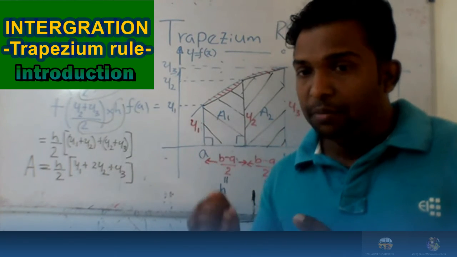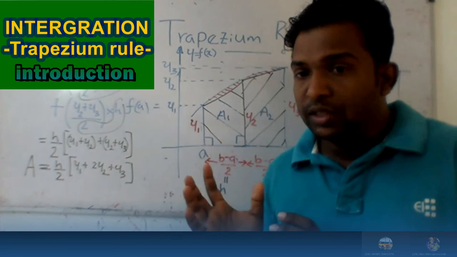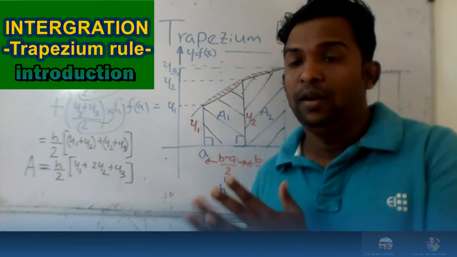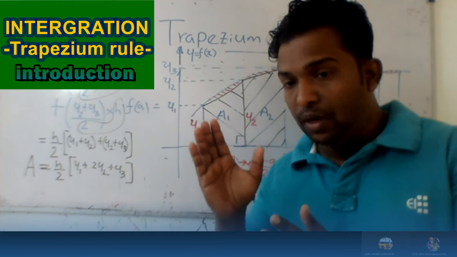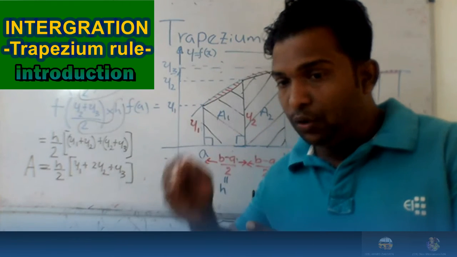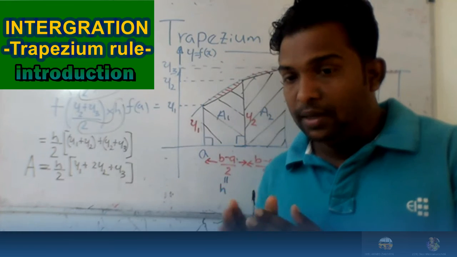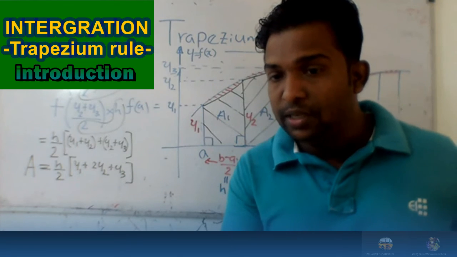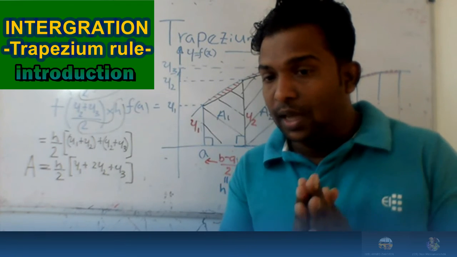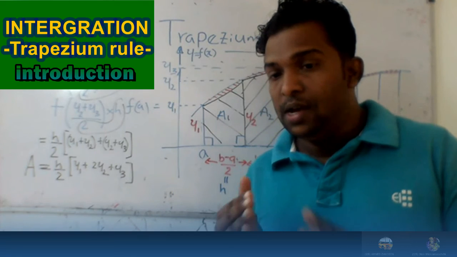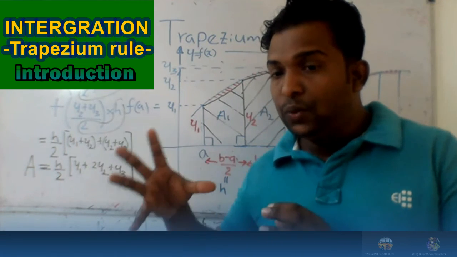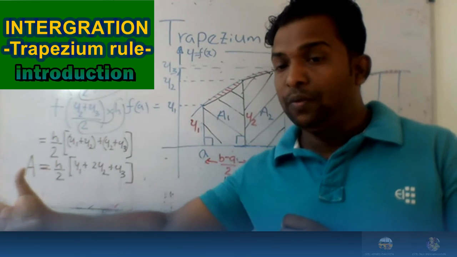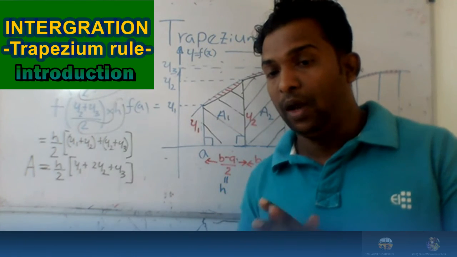At the same time, some functions are really hard to integrate. Yes, you can see the function, you can draw the graphs, but since integration is a mathematical process, some functions are very hard to integrate. That means it is very hard to convert to the nature of the formula.